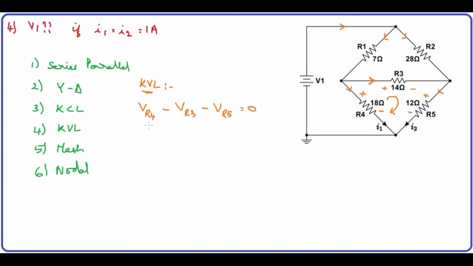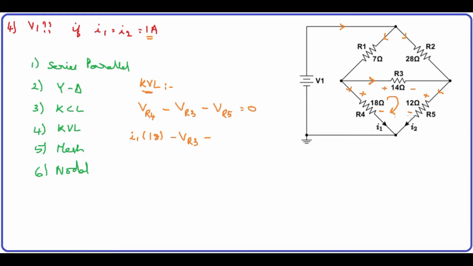Now tell me, what is voltage across R4? According to Ohm's law, V is equal to I into R. It is I1 into 18. I1 is 1 ampere, it has been given. So I1 into 18, minus VR3. I don't know the current passing through R3, so let it be.